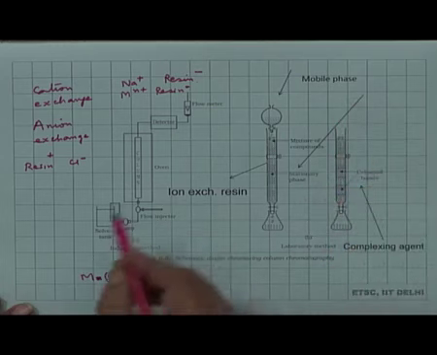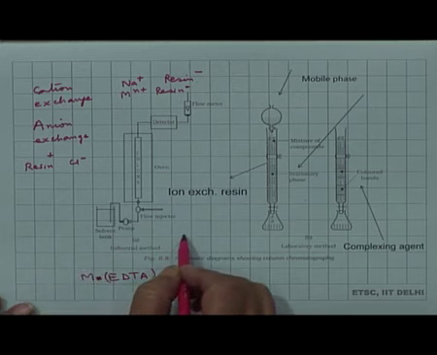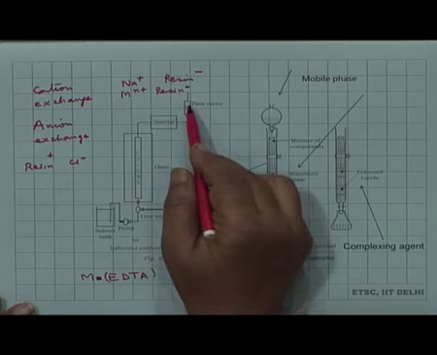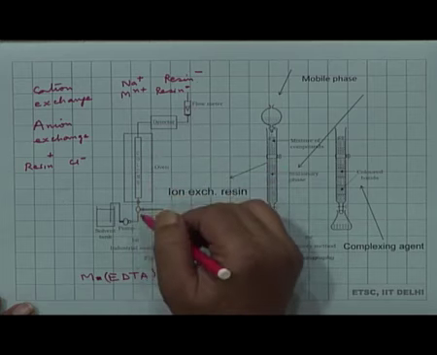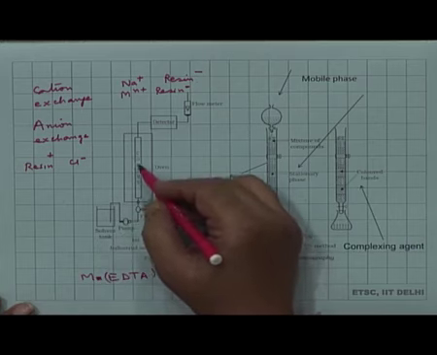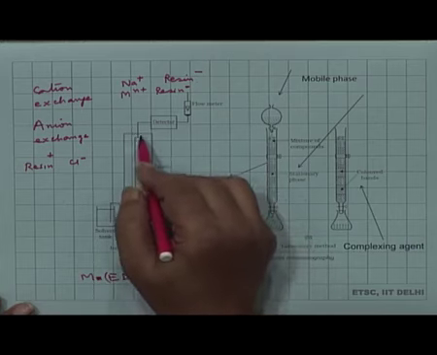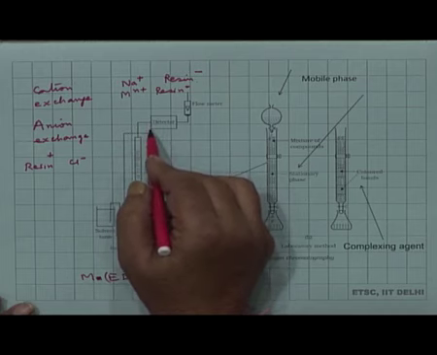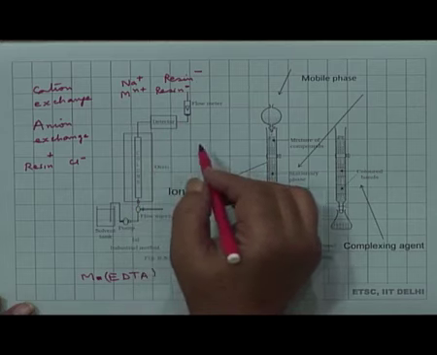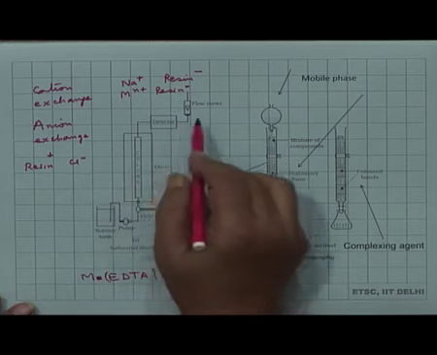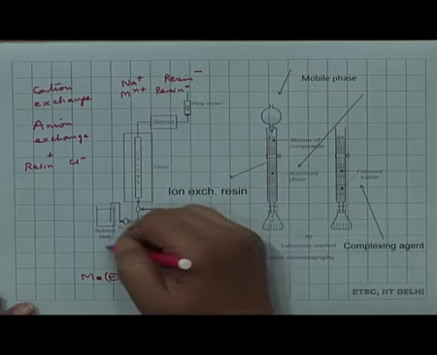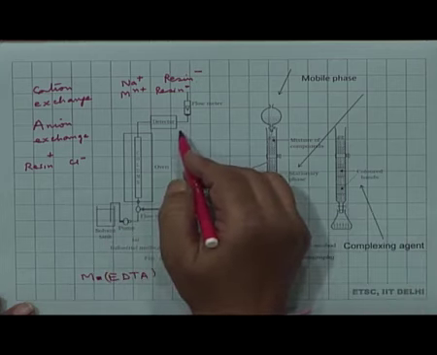On the left side of this slide, an automatic system is shown in which the solvent is pumped through the column and the entities which are coming out are detected with the help of a detector. So, this is an automatic system which can be used for separation of the metal ions as well as for detection of the metal ions.